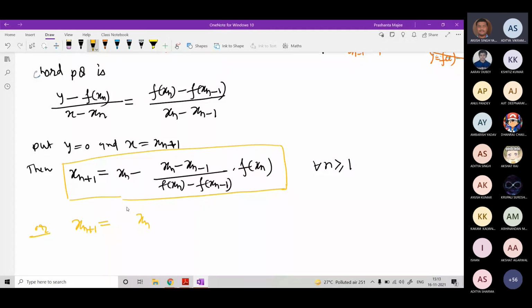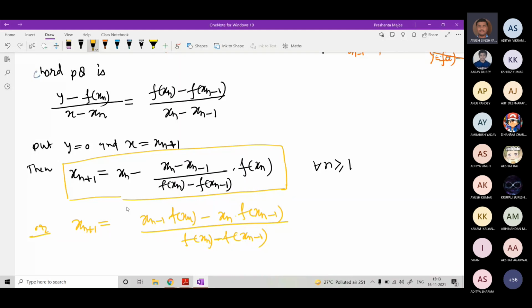Sir, xn minus 1 into f of xn minus xn into f of xn minus 1 by f of xn minus f of xn minus 1.